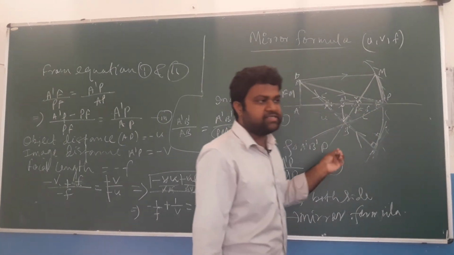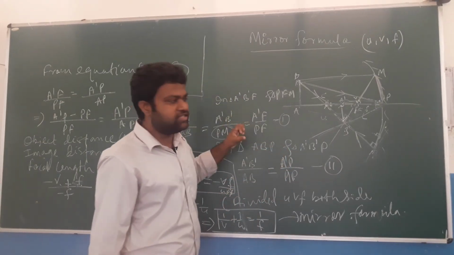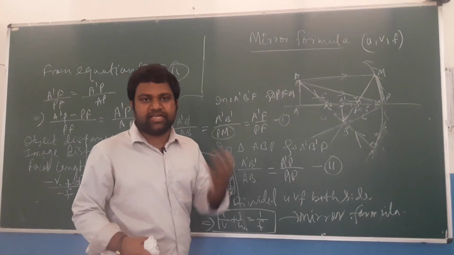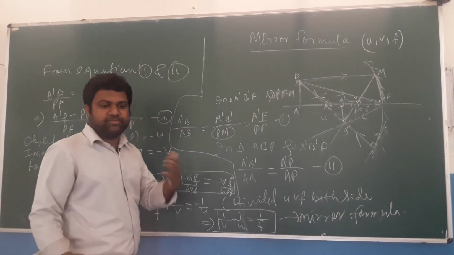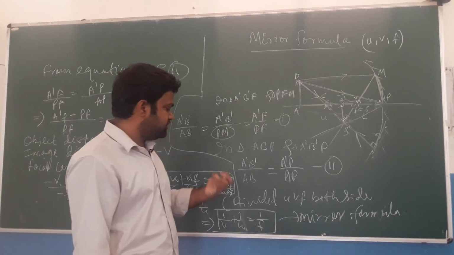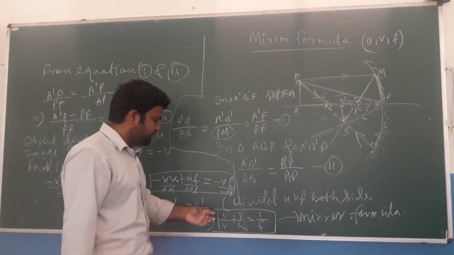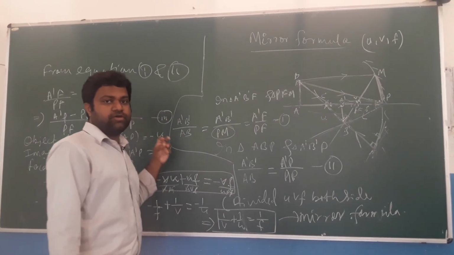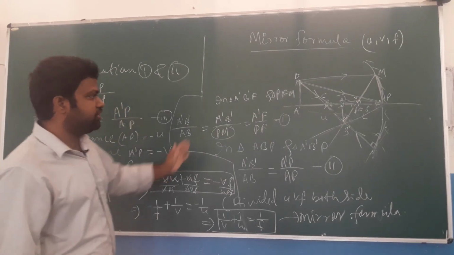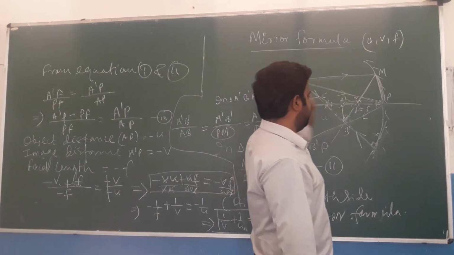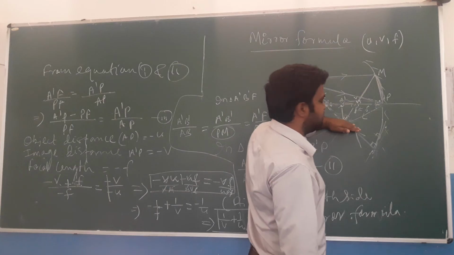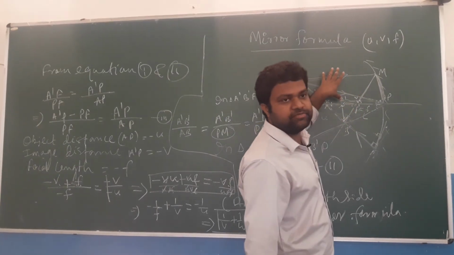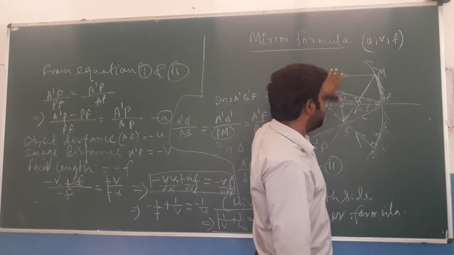In all the cases, just your sign convention will change, but the equation you derive using the similarity of triangles will be the same. Using the sign convention, everything in the left will be negative, and down the axis also, because the height will be negative, and above the axis the height of the object or image will be positive.